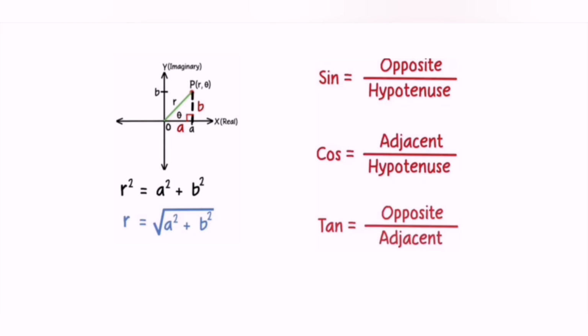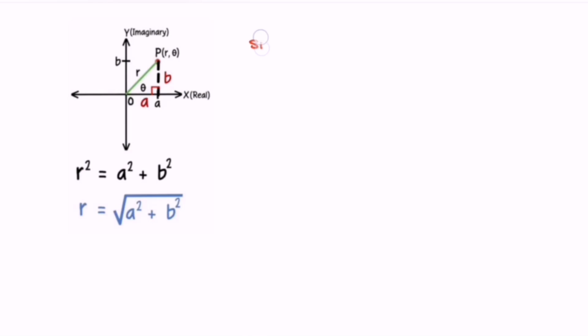Here we have the trigonometric identities in the triangle: sine is equal to opposite over hypotenuse, cos is equal to adjacent over hypotenuse, and tangent is equal to opposite over adjacent. So here, sine theta is equal to opposite over hypotenuse. The opposite is B and the hypotenuse is R. So we have sine theta is equal to B over R, and we can get B is equal to R multiplied by sine theta.